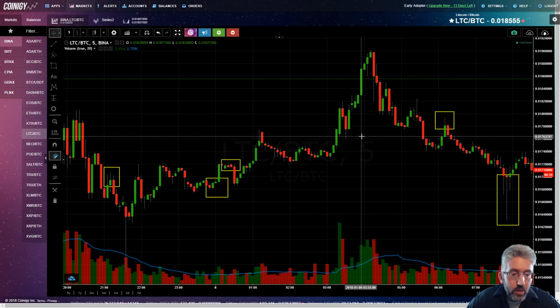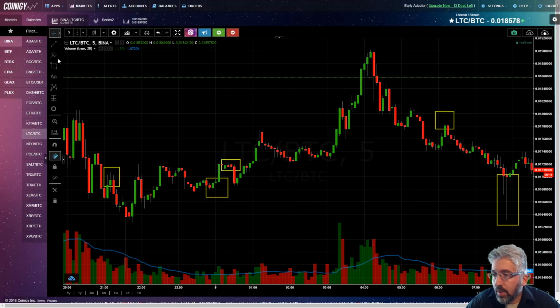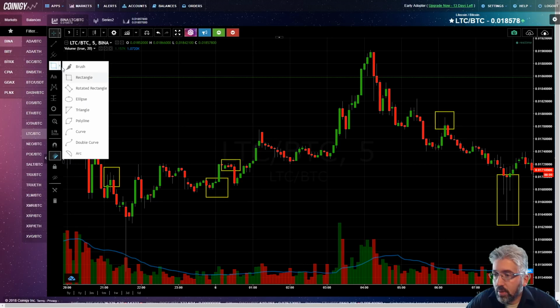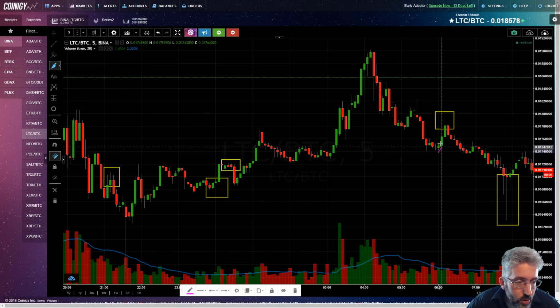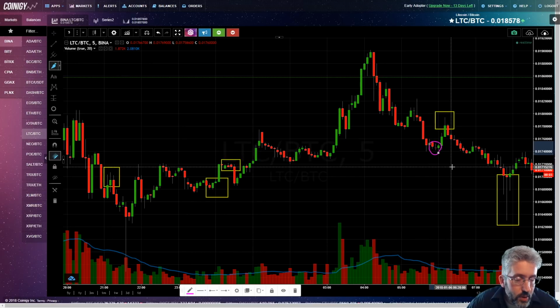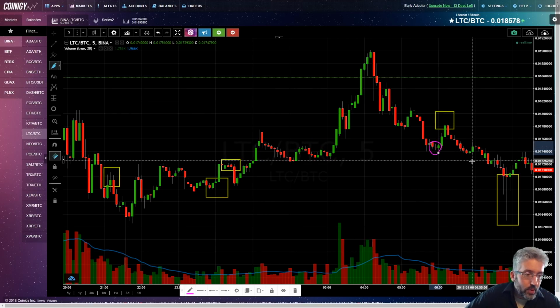But the dojis are basically that there's almost no price difference between open and close, and there are wicks, like for instance this one here. Let me draw a little circle. And here, this one right there. That's a doji. And usually a doji means that there's going to be a price reversal. So if there was a downtrend, usually it will go up.